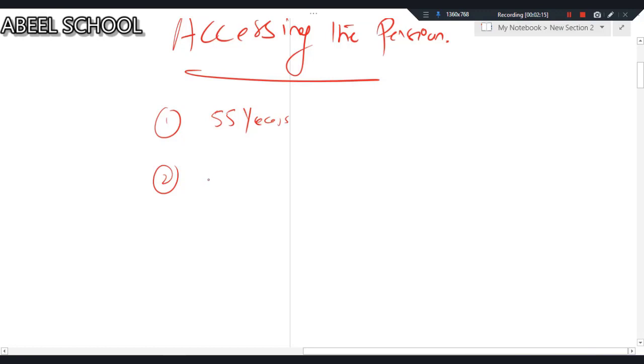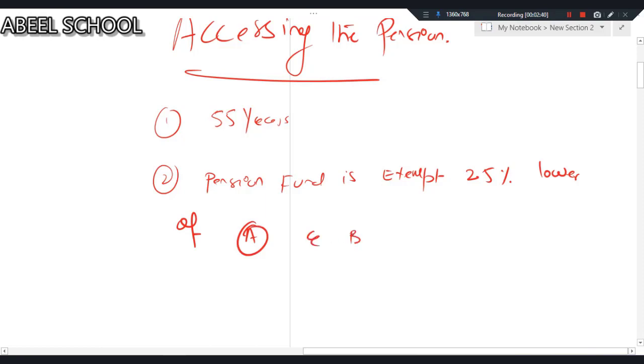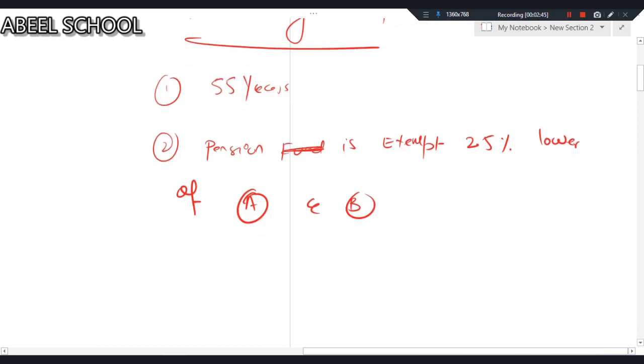The rule says pension fund is exempt 25% of the lower of, let's say, A and B. Basically, you can say pension is exempt 25% of the lower of A and B. What is A?